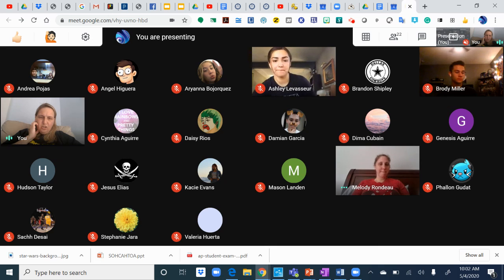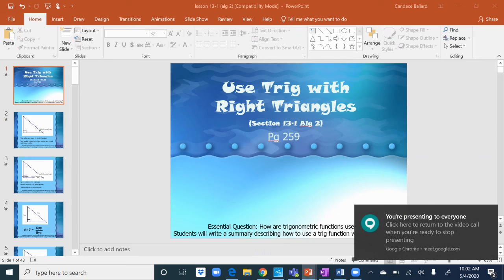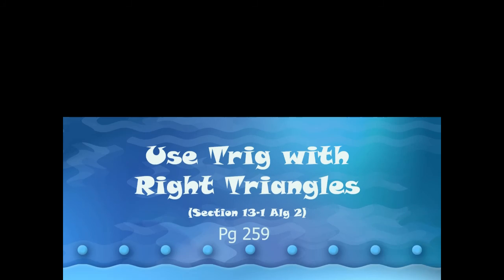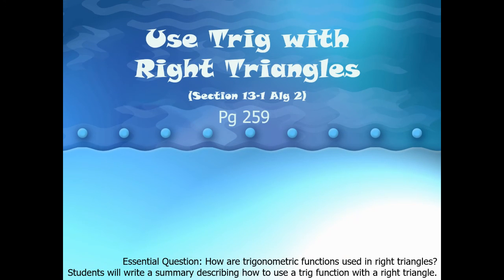So you should be seeing my screen now, okay? And you should now be seeing a PowerPoint of my screen. I'm going to present that PowerPoint. All right, so I'm not seeing the chat anymore, Mrs. Rondeau, so just so you know, I'm only seeing my screen. Is it 45? I thought I looked it up.